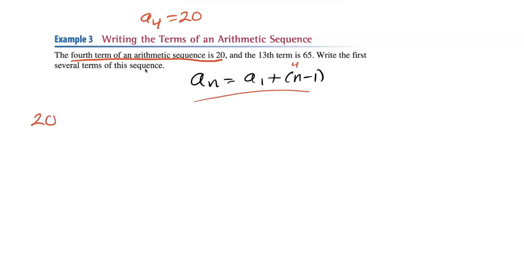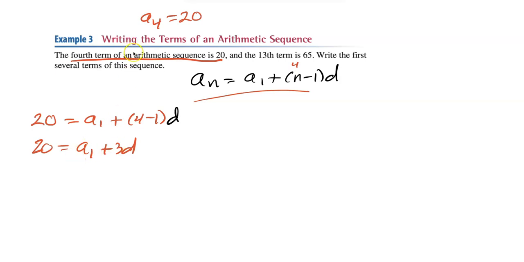So 20 equals A1 plus 4 minus 1 times D. I forgot the D. In this case, we get 20 equals A1 plus 3D. That's as far as I can go with this one.